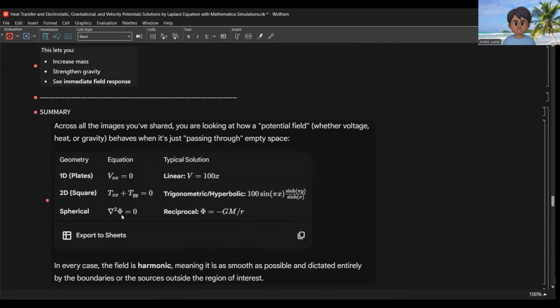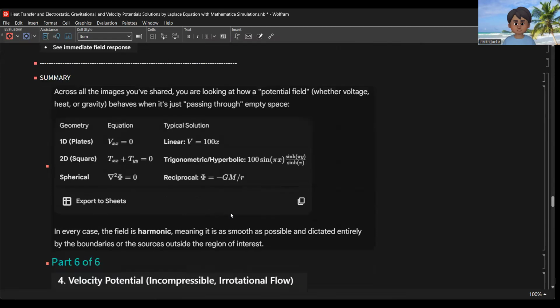And for the spherical case, the Laplacian of the gravitational potential is equal to zero. So the solution here is that the gravitational potential is equal to negative Gm over R. G is the universal gravitational constant, and M is the mass of the Earth.